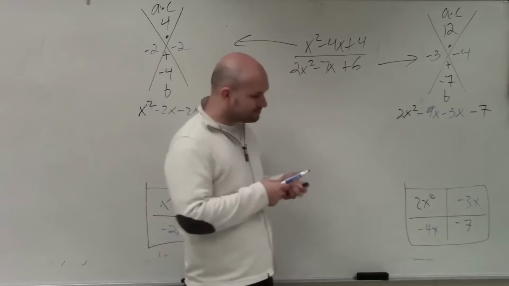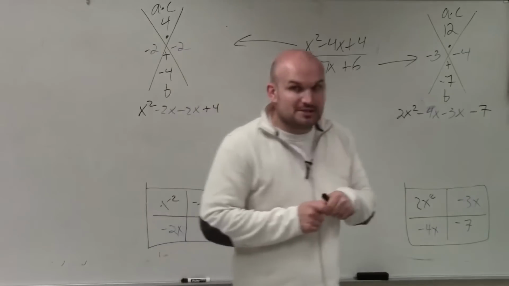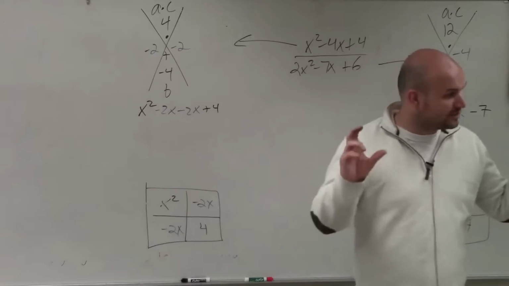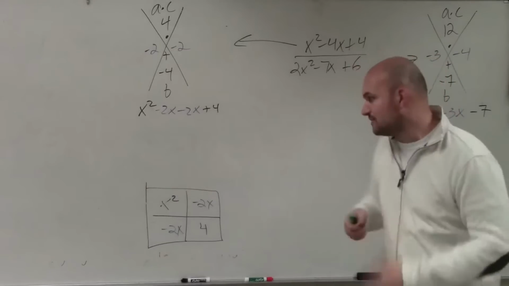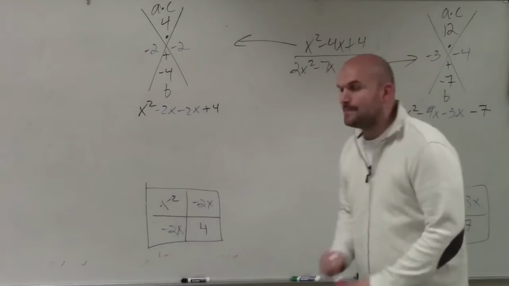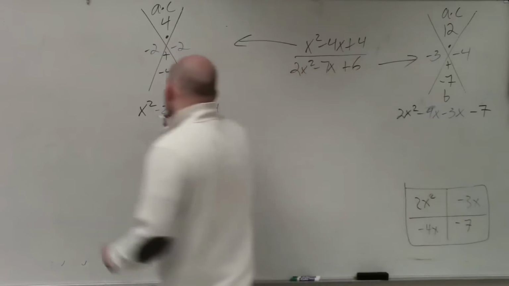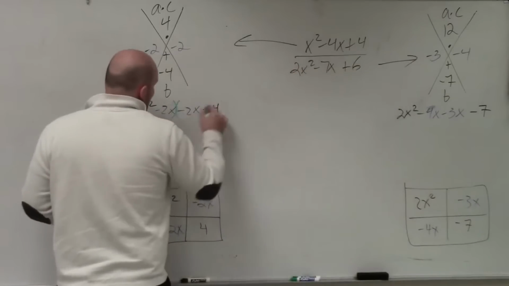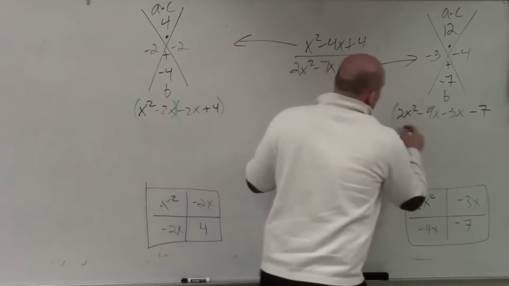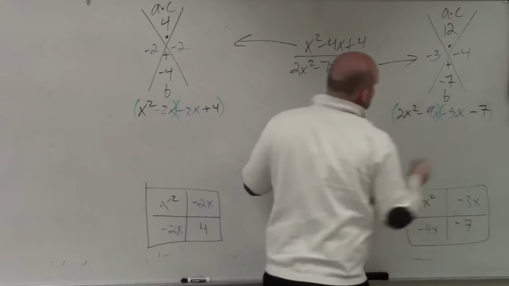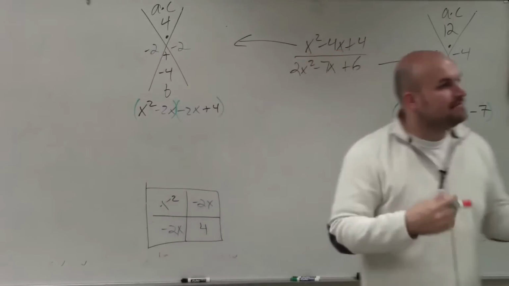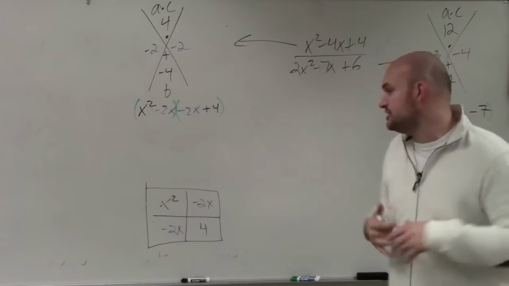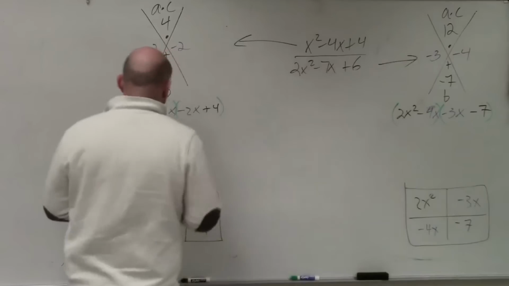OK, now, so there's two different ways to do this. We can go back to our grouping method, which I showed you guys at the beginning of class. In the grouping technique, basically what we're going to do is group the first two terms and group the last two terms. Then basically all we do is factor out the GCF, the term that they have in common.